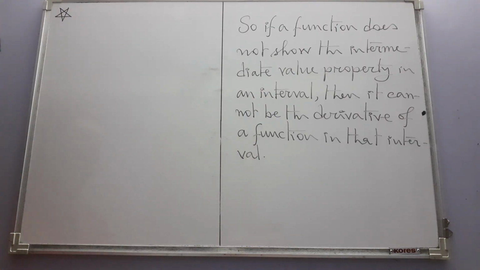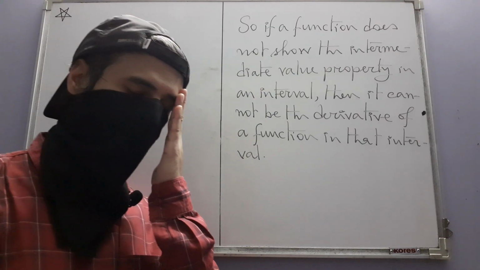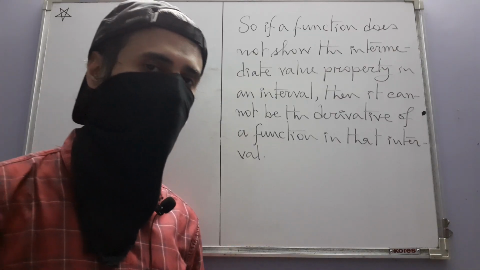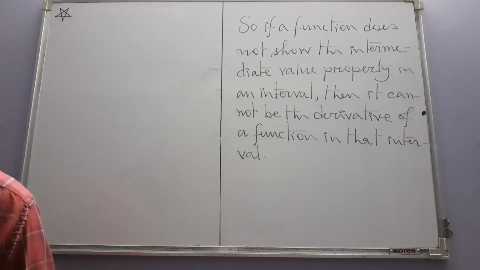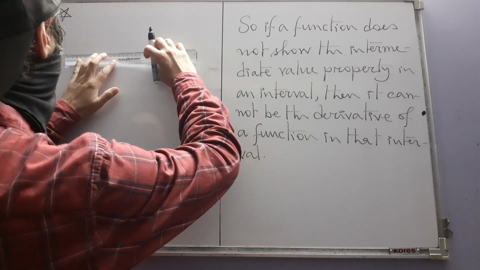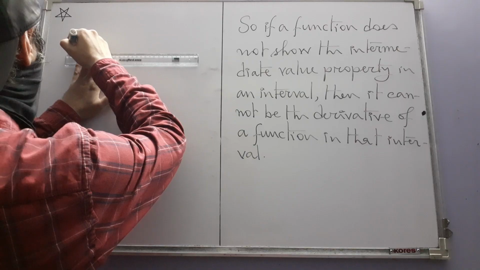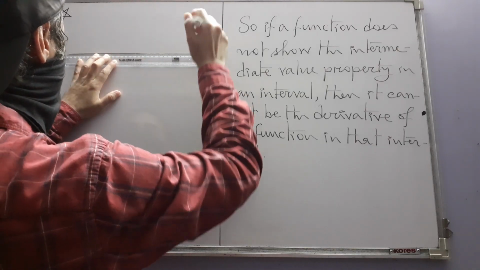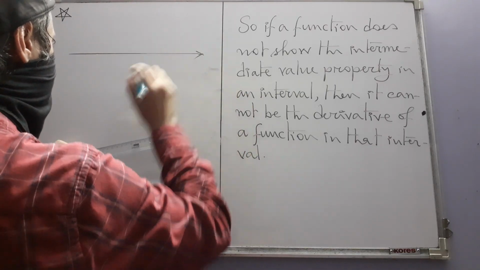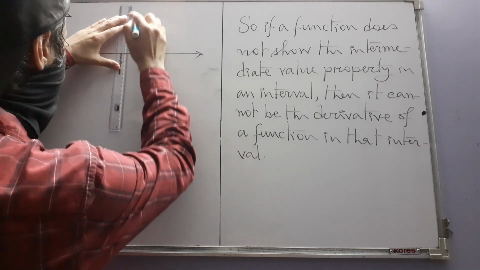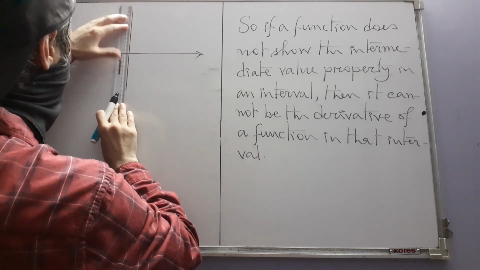It mostly remains 0, but at one point at 0 suddenly it becomes 1 and then it remains 1. So the graph is just this. So this is our x-axis and this is the y-axis.